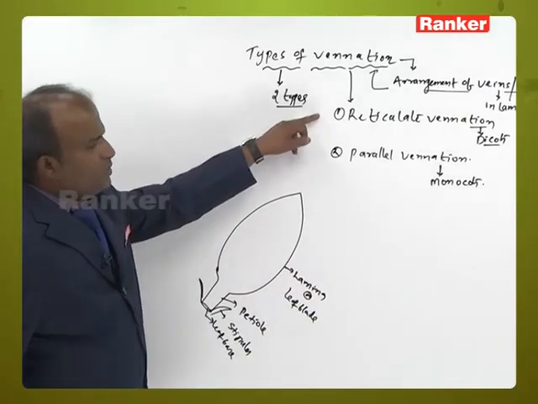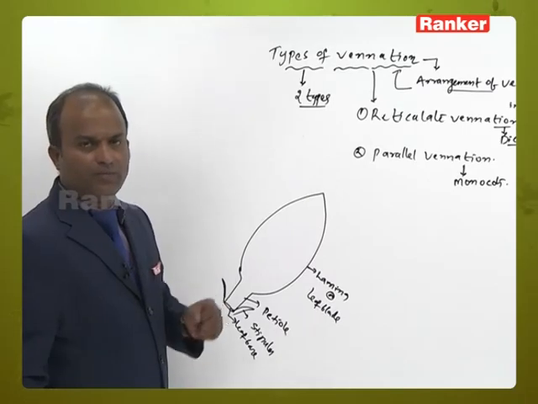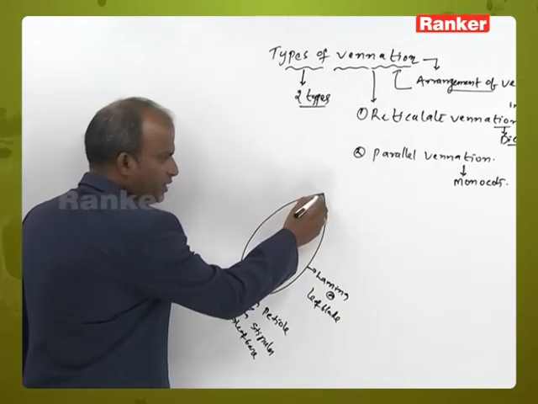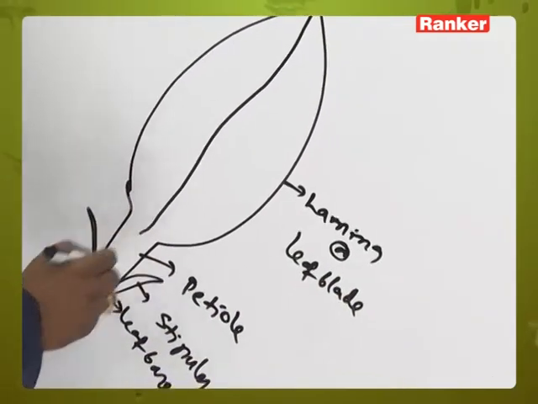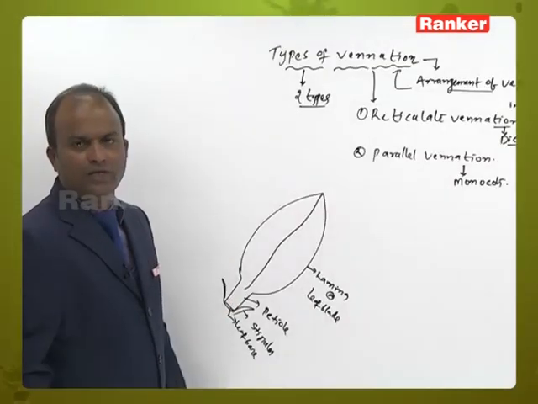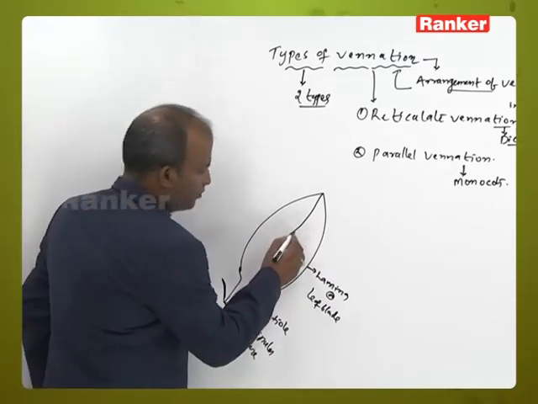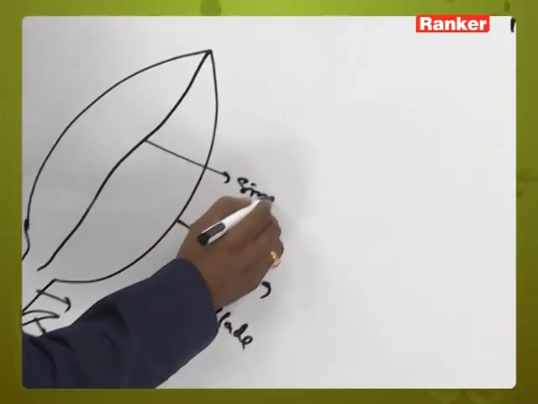When I explain reticulate venation, here the leaf shows a single midrib which runs from the base of the leaf towards the apex. This is called the single midrib.